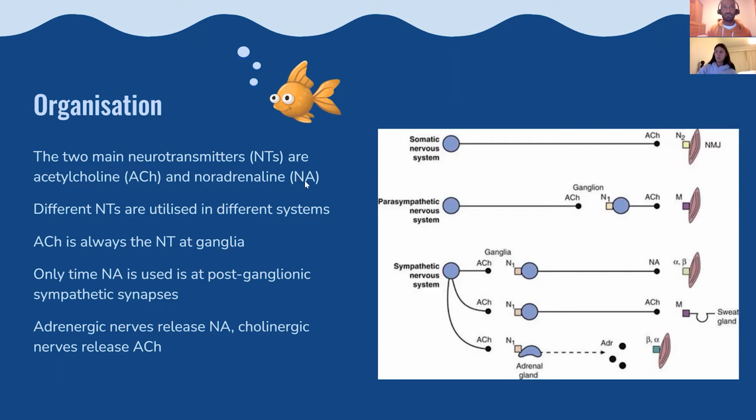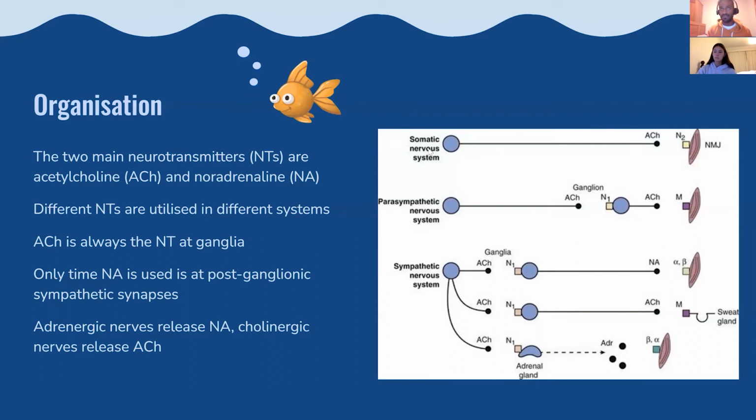These 2 neurotransmitters have particular roles in the sympathetic nervous system and the parasympathetic nervous system, which are 2 systems which control the internal environment in our body. So our sympathetic nervous system will use mostly noradrenaline, whilst the parasympathetic nervous system will use mostly acetylcholine. This diagram shows it fairly well.